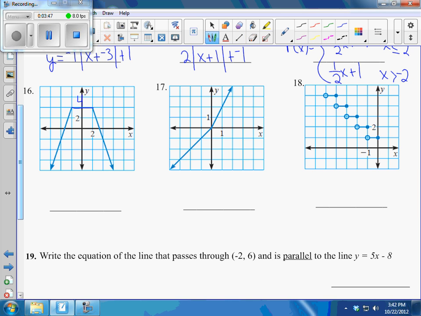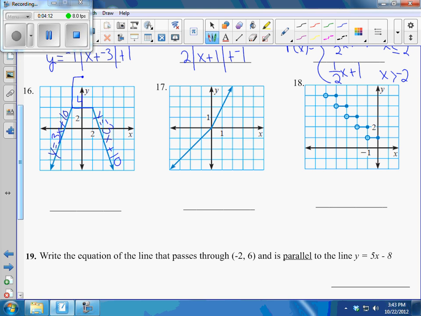So for this line, my slope is positive 3x. And then my y-intercept, if I kept up this up 3 over 1, so I'd go up 1, 2, 3, and over 1, that point right there would actually be 10. Okay? And then the other one is almost just a mere reflection of it, except it's y equals negative 3x plus 10.